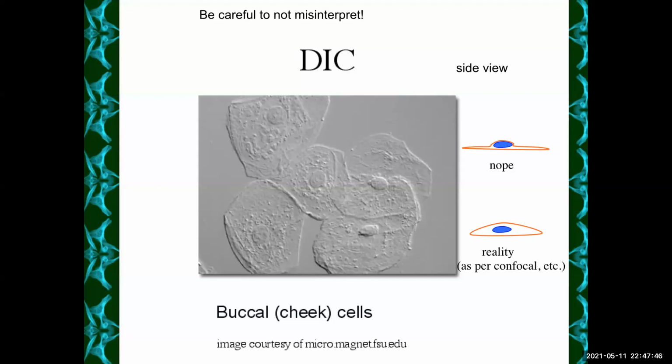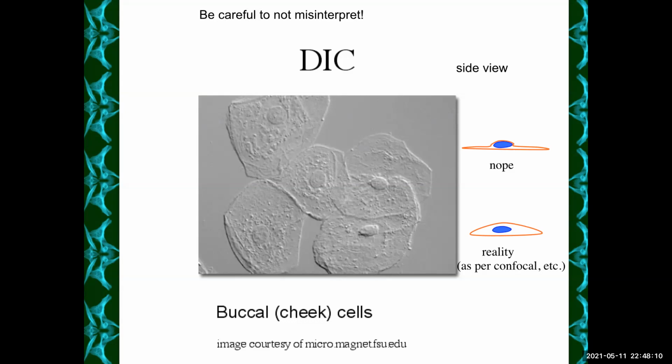So interpreting DIC, it's important to know that just because something looks fatter and thicker doesn't mean it is. It might be, or it might not be. You have zero way of knowing through DIC. The only way you can know is to also put the sample on a confocal or something like that.